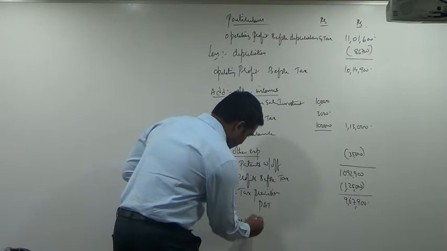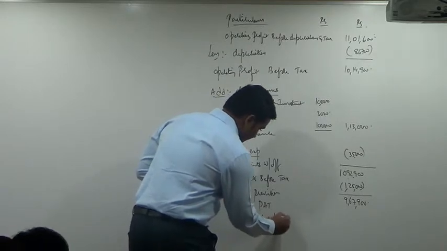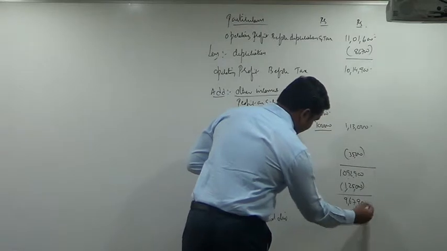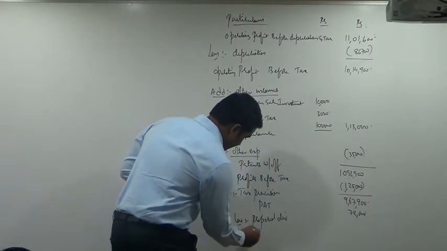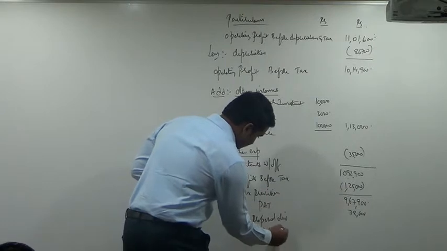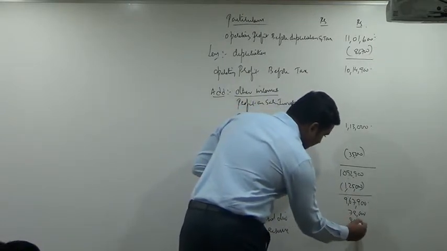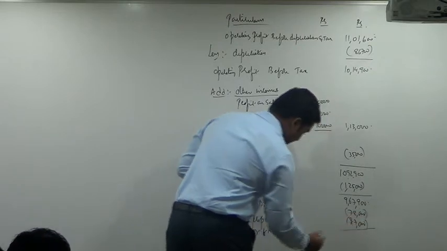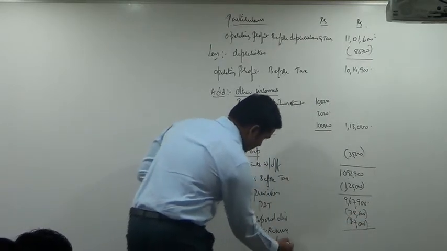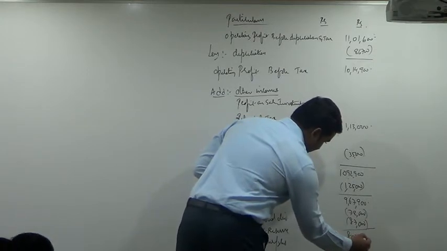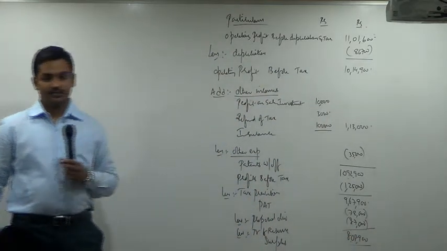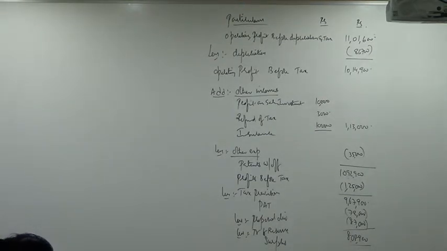Less proposed dividend 72,000, less transfer to reserve 87,000, surplus 8,08,900.